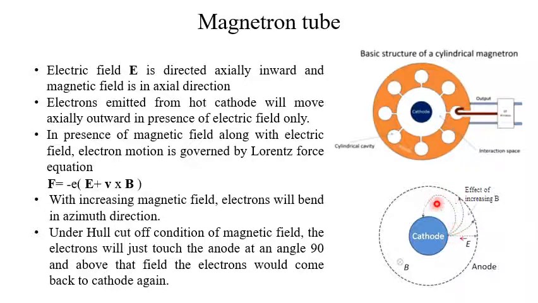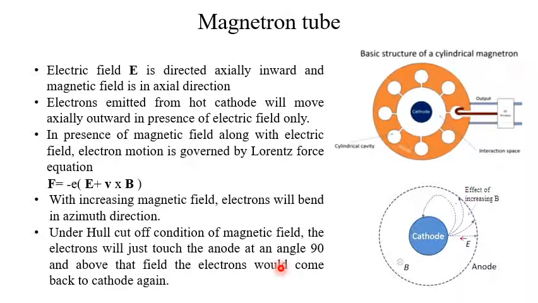It will come back to the cathode again. That means the motion of the electron, if you don't consider the RF field, will actually be controlled by the magnetic induction or magnetic field.